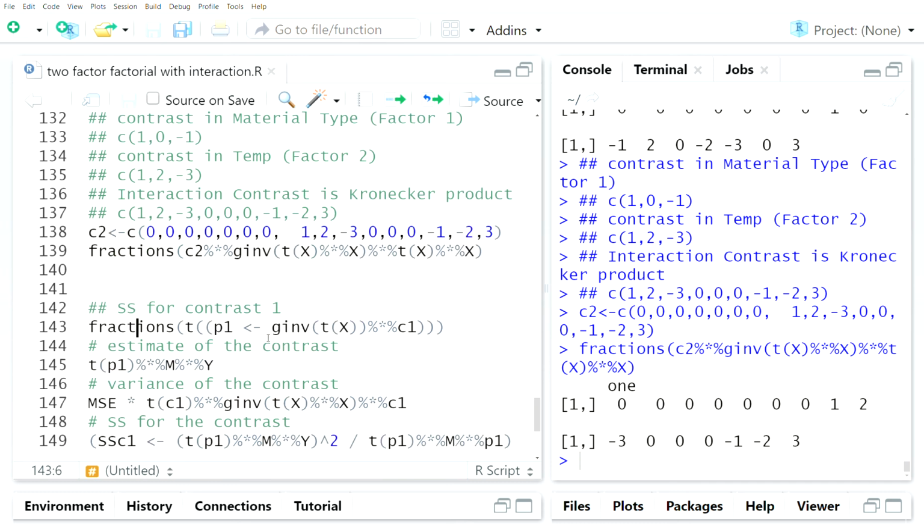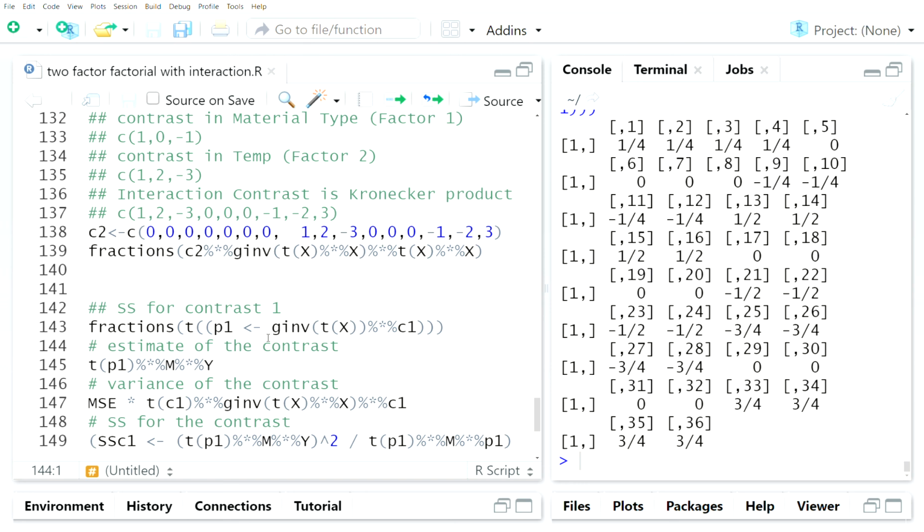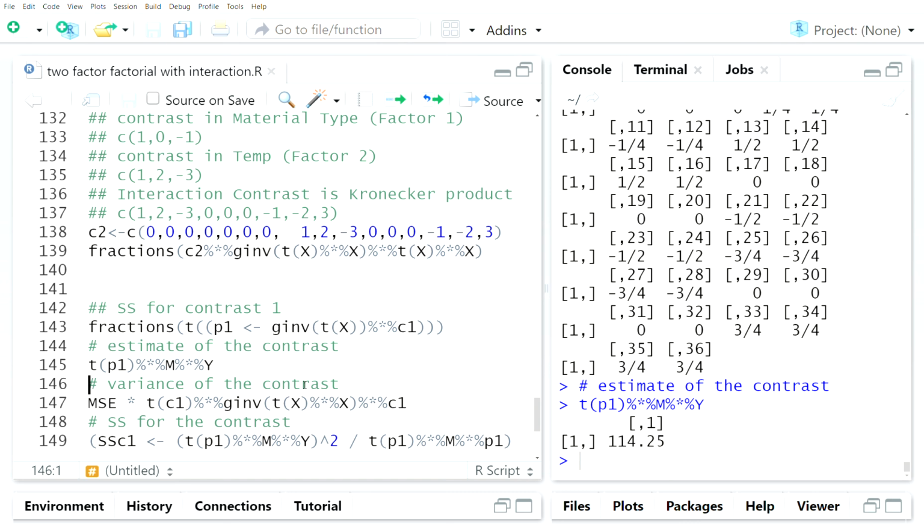Now, this whole statement produces the row 1. So it's the linear combination of our design matrix that's going to produce that C1 vector. And then this statement produces the estimate of that linear combination.